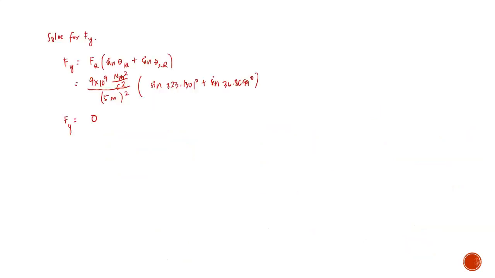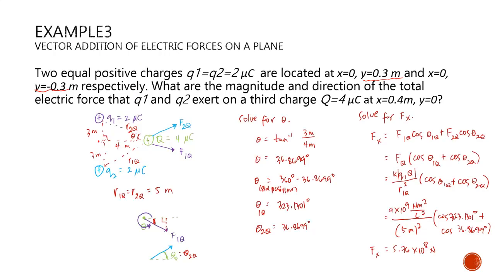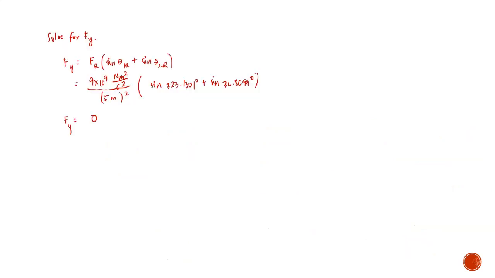I'm just showing that they are really equal in magnitude but opposite in direction. So basically the summation is 0. As long as you can show visually, through a drawing, that the two are the same in magnitude but opposite in direction, you can skip this part. Skip solving for f sub y. You can just put f sub y equal to 0.